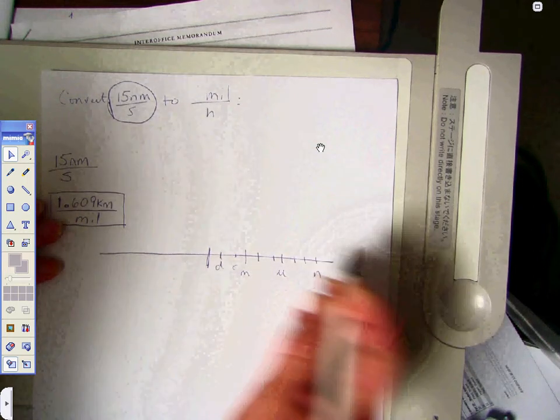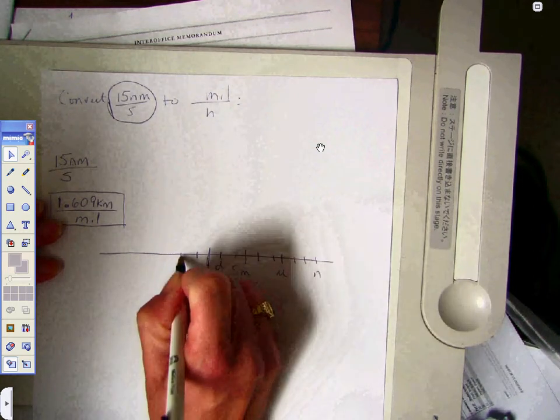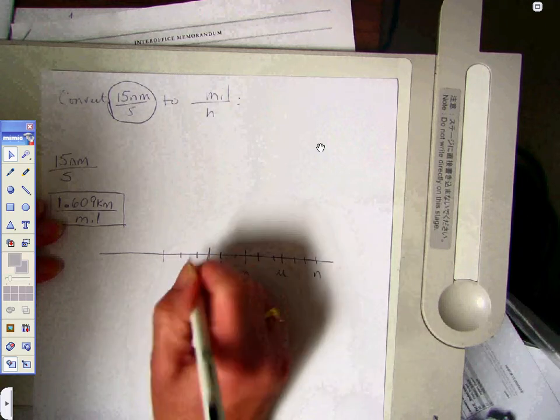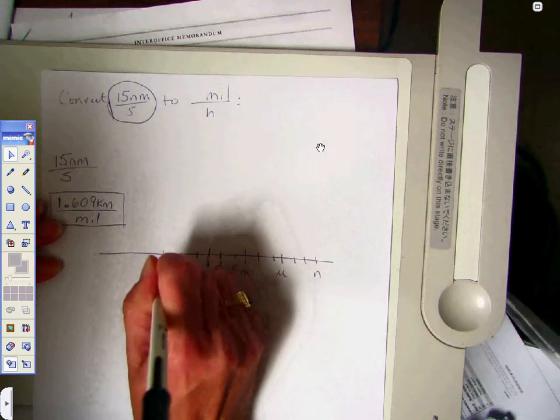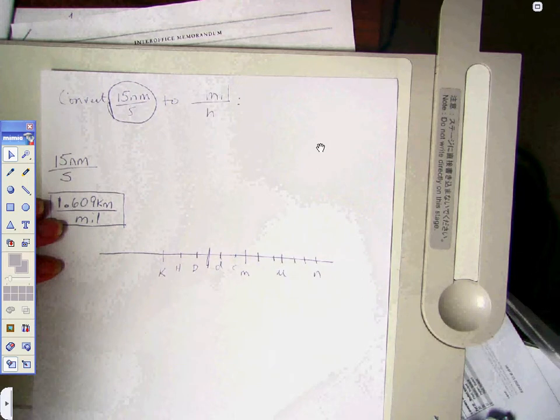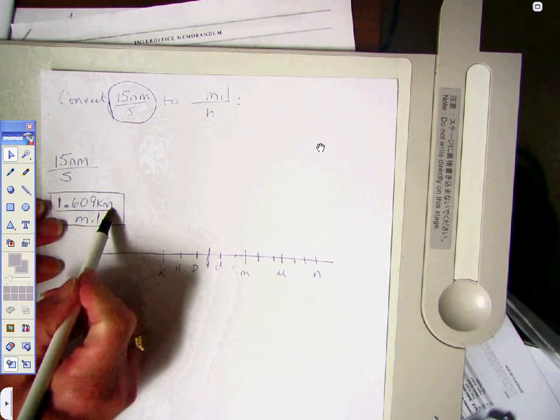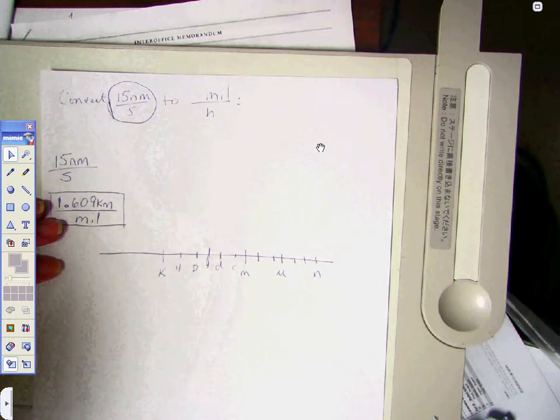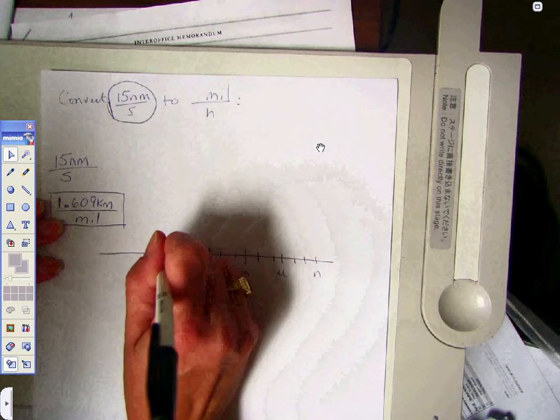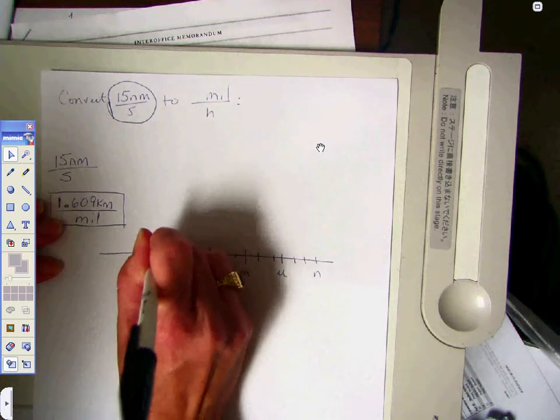Okay, this is nano. And remember, this is deca, hecto, and kilo. So we need a conversion factor. We need to know how many nanometers are going to be in a kilometer, because we've got to get rid of that kilometer unit. So let's put our decimal on kilometer.